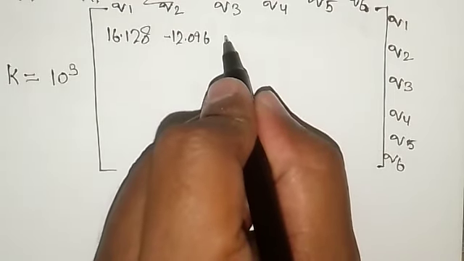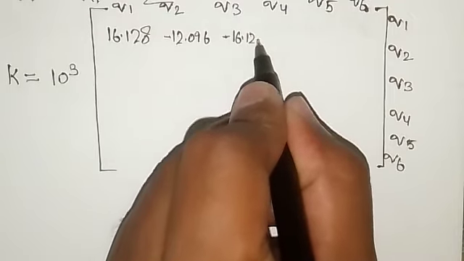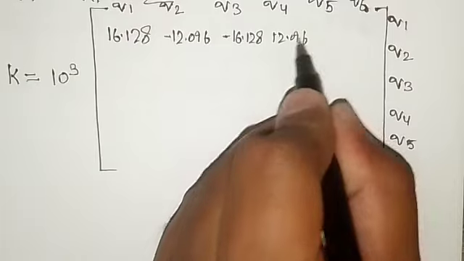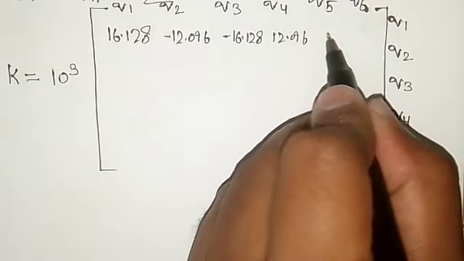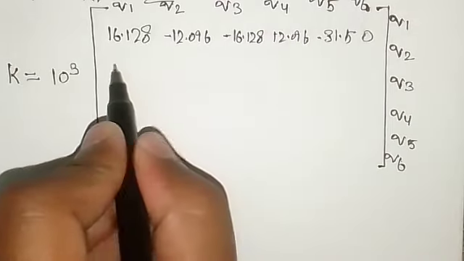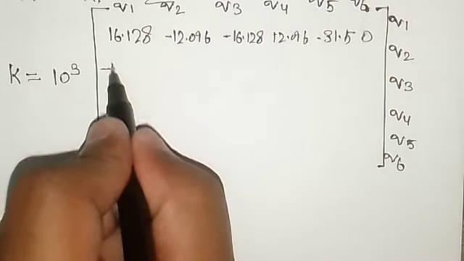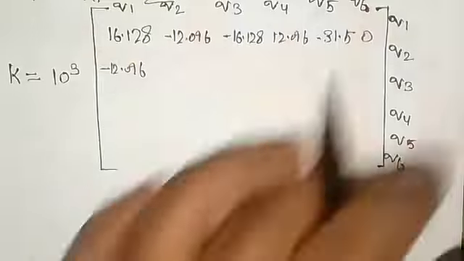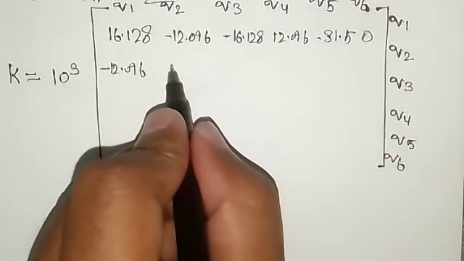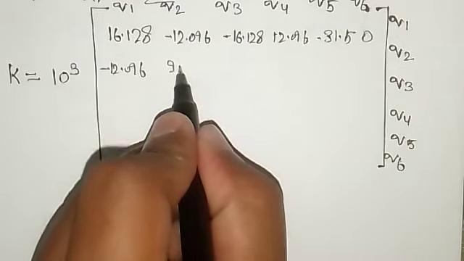Similarly, Q13, that is minus 16.128. This is 12.096. 31.5 minus, this is 0, right? And again we have a minus 12.096. This addition we already did in the previous chapter, in the previous problem, so you can go through that.